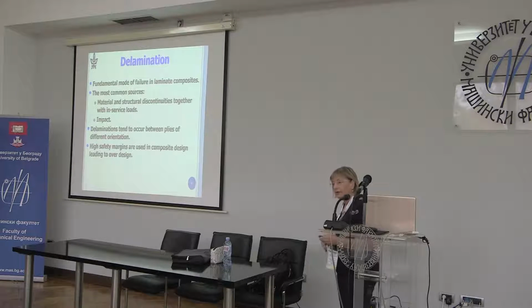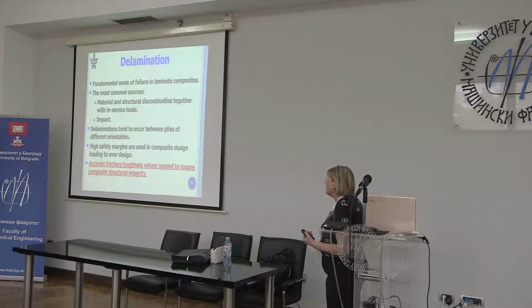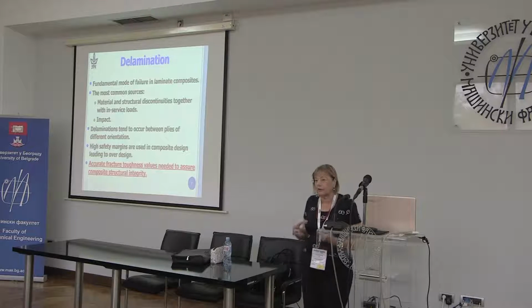They have used high safety margins to design composite structures. And if we can give the engineers in industry accurate methods for getting the fracture toughness values, this can help in structural integrity. We actually need 2 things.